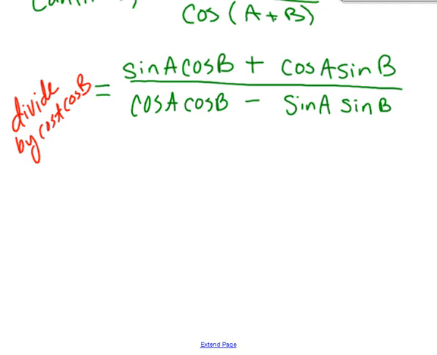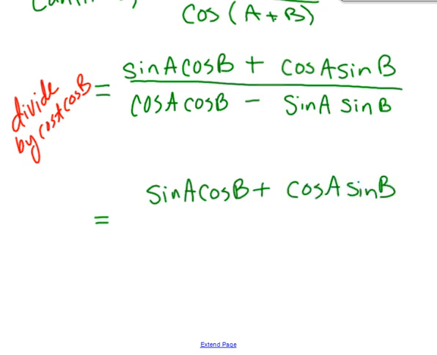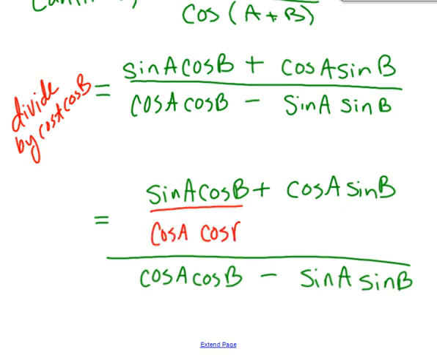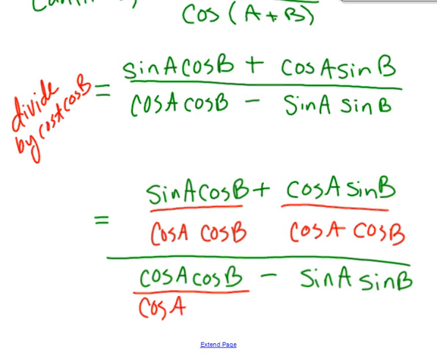So let me rewrite the top as sine of A, cosine of B, plus cosine of A, sine of B. And on the bottom, I have cosine of A, cosine of B, minus sine of A, sine of B. And now we're going to take each one of those terms, all four of them, and divide by cosine of A, cosine of B.